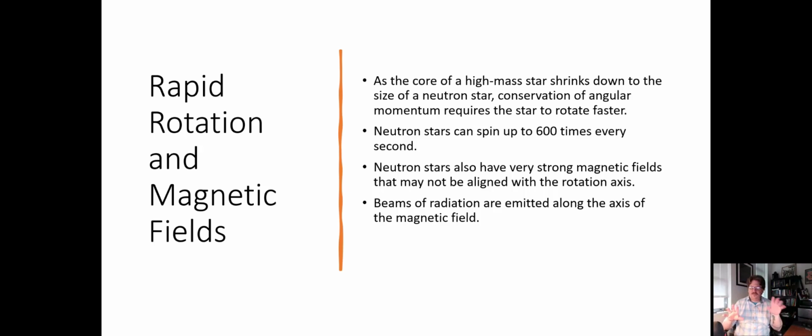This is an object roughly the size of downtown Chicago, spinning anywhere between 600 RPM, spinning 600 times per second. Not RPM, RPS. 600 times per second, or 1,000 times per second. That boggles my mind, just that these are so rapidly rotating.